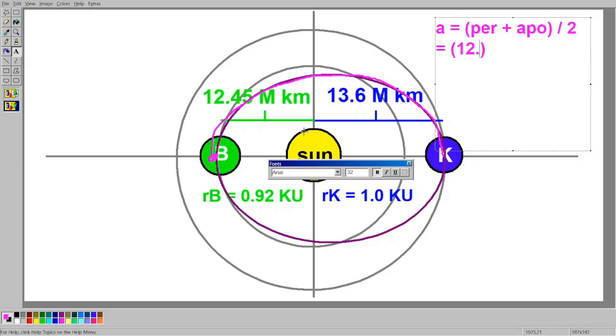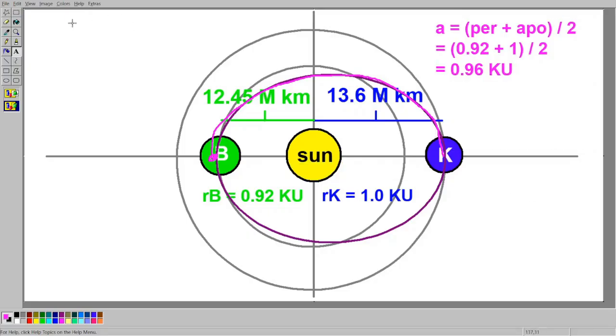Well, it's 0.92 Kerbin units plus 1 Kerbin unit divided by 2. Let me just get a calculator. I could just do this in my head, but come on. 1.92 divided by 2 is 0.96 Kerbin units. So that's the semi-major axis of this Hohmann transfer orbit.